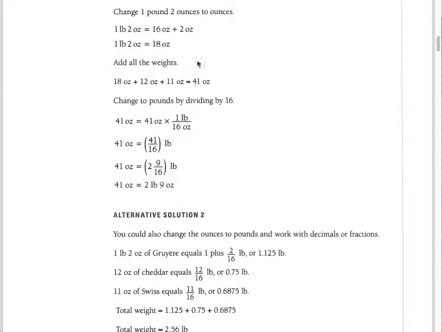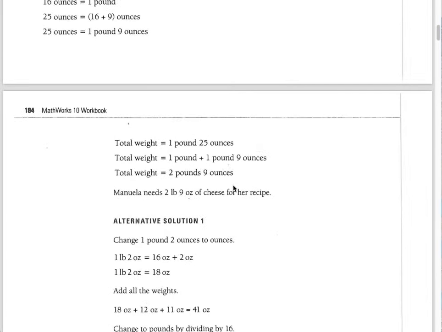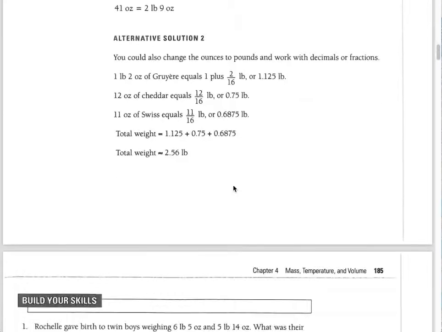We can divide this by 16. Or if you're doing unit analysis, of course you will take the 41 ounces and multiply it by 1 pound for every 16 ounces. These ounces cancel, giving 41 over 16. This will give us 2 and 9/16, or 2 pounds 9 ounces. So we have another alternative solution.